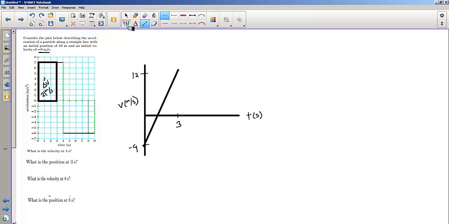And that's the answer to our first question here. It's not 21, it's not -9, it's the idea that you're adding some change in velocity to an initial one.